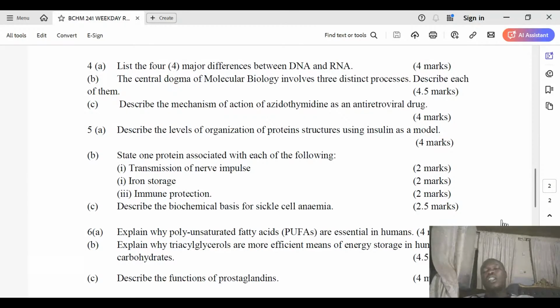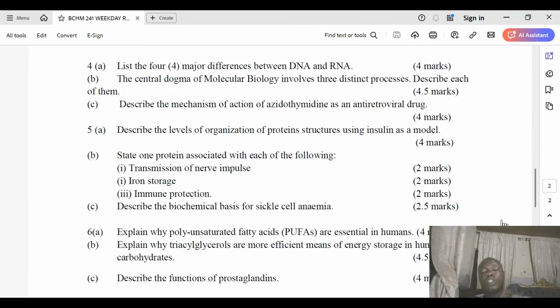So when you have these non-covalent forces within the primary structure of the protein, that is what describes the secondary structure of the protein.